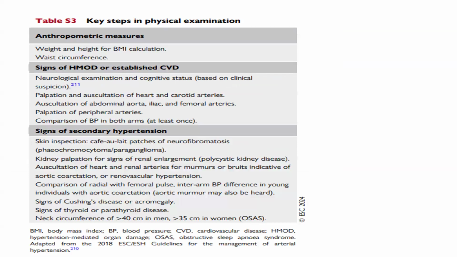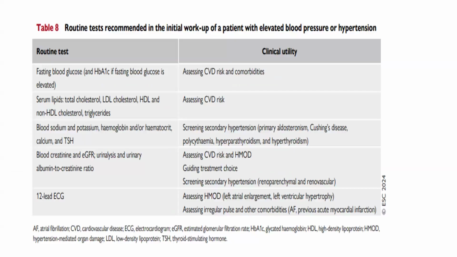And in our physical examination, we have to look for the body mass index, the waist circumference, and signs of, again, hypertension-mediated organ damage and established cardiovascular diseases, and signs of secondary hypertension. So these are the basic routine investigations that should be done in every patient who presents with hypertension. Fasting blood glucose and serum lipids are good to assess cardiovascular disease risk.